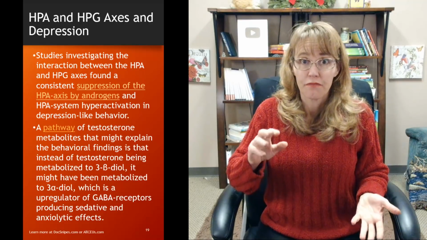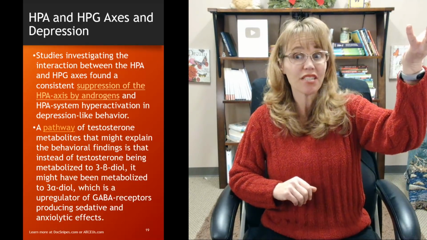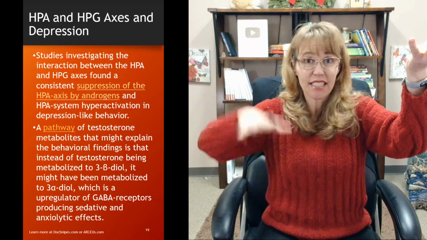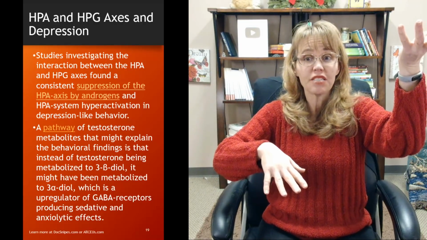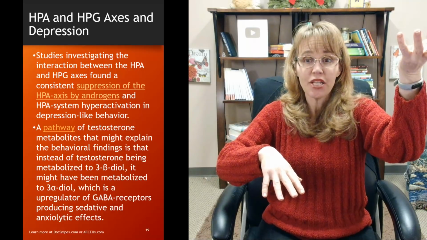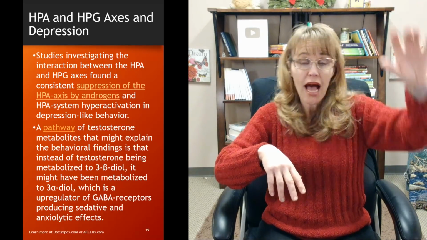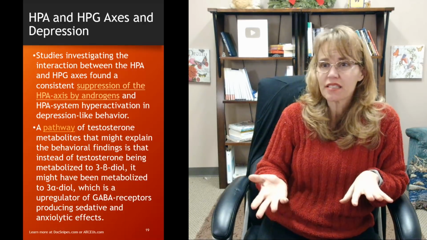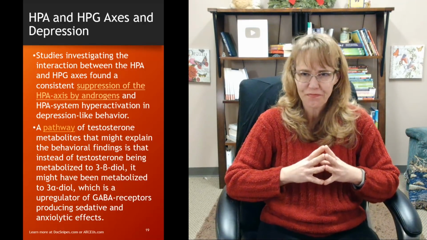When male sex hormones are high, when your androgens are high, like testosterone is high, the HPA axis can be suppressed. When people are depressed, then you have the HPA axis hyperactive, which means testosterone may go up. So it's kind of interesting.